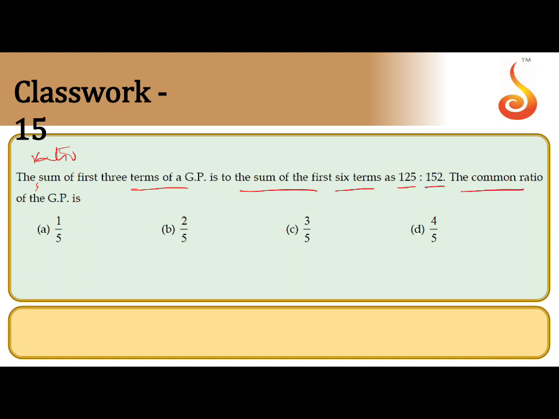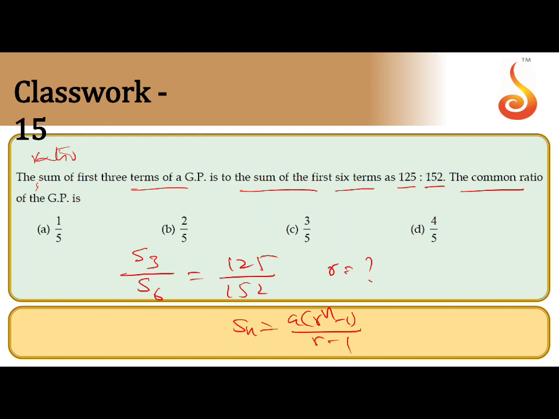So the ratio S3 divided by S6 is given as 125 by 152. What is the value of the common ratio in the GP? What is the formula for Sn? A into R raised to power n minus 1 by R minus 1. That is the formula for Sn. Now you can find S3 and S6 and take the ratio to get the value of R. I will solve in the next page.